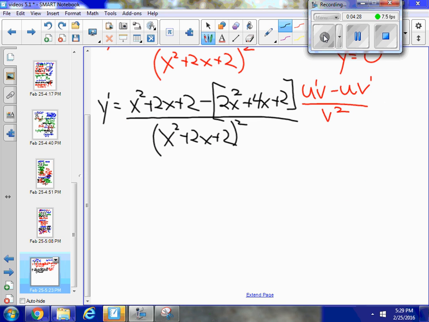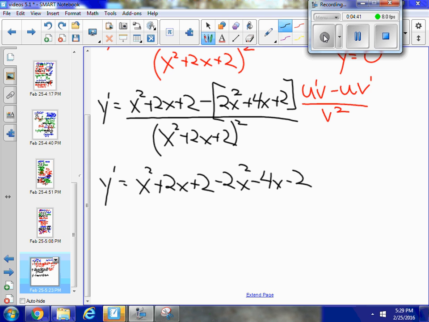More simplification. y prime is equal to x squared plus 2x plus 2 minus 2x squared minus 4x minus 2, again over x squared plus 2x plus 2, squared.